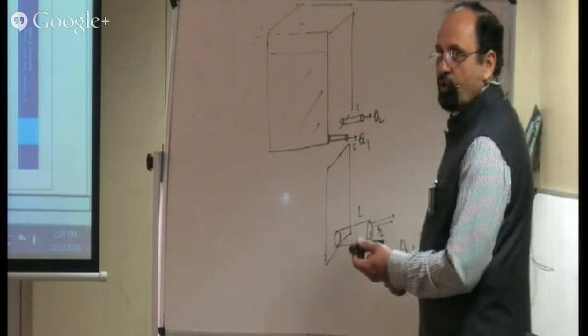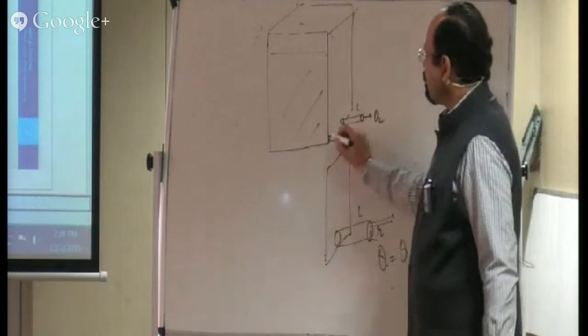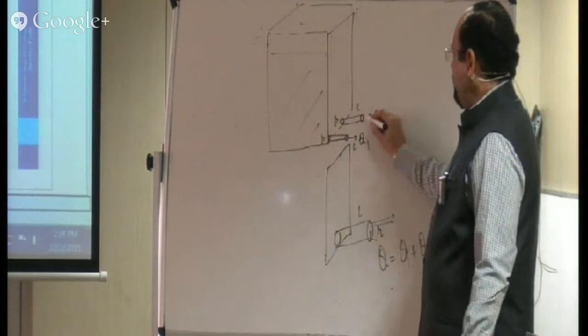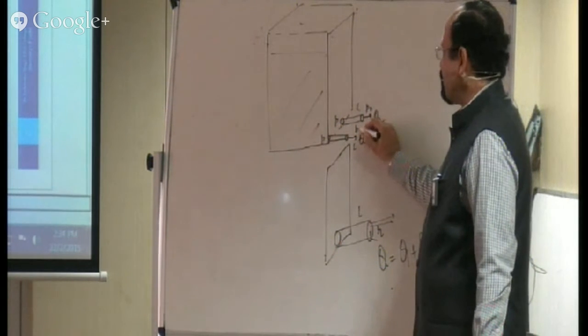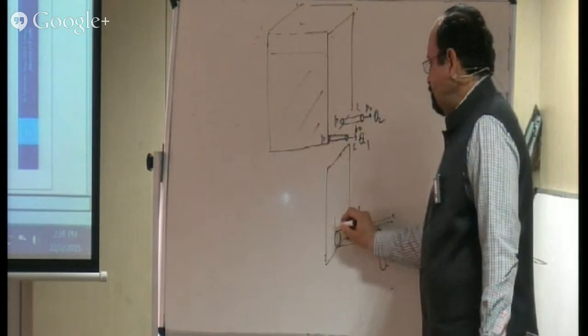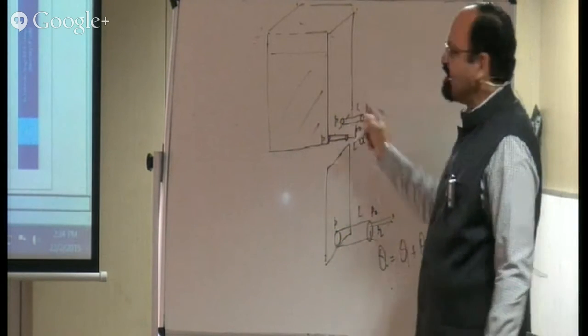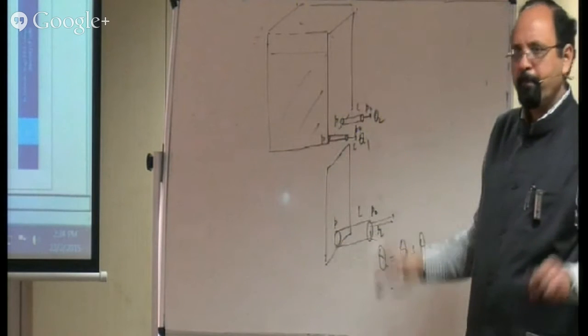See, one thing is sure, the liquid is coming out because of the high pressure at this end, and at the outer end we have the atmospheric pressure. In this situation we must also have the similar situation, so at least the pressure difference is going to be the same.